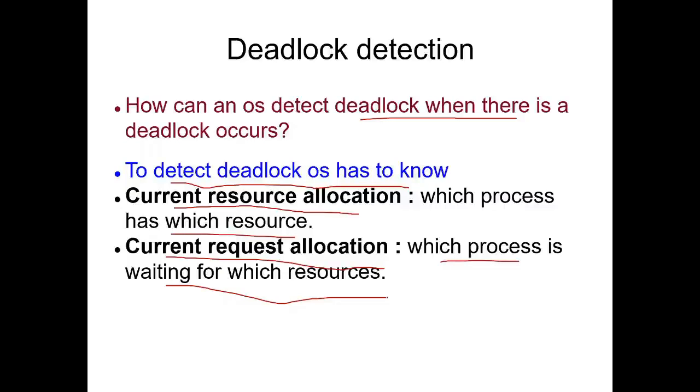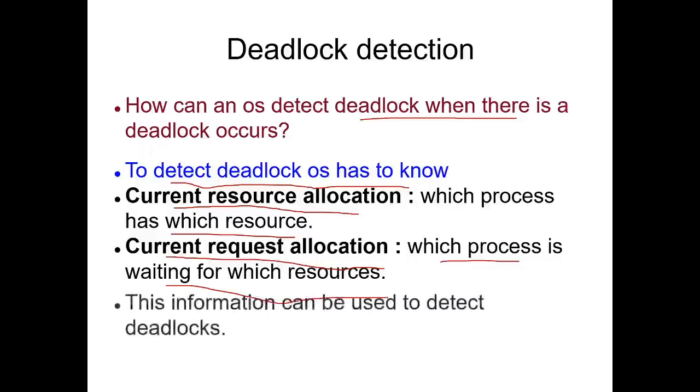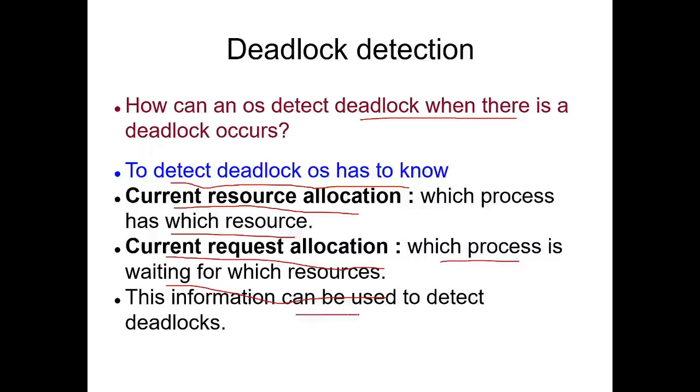The processes that are waiting to eat are like waiting for the resource. The operating system must have this knowledge to detect the deadlock, to know whether fulfilling the demand of the processes takes the system into a deadlock or not. This information can be used to detect deadlocks.